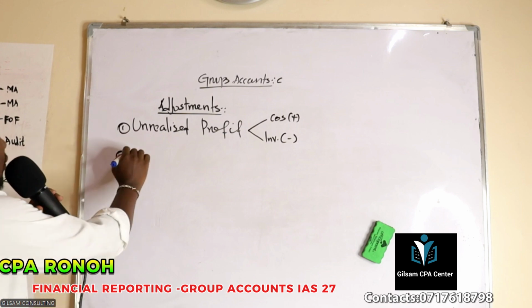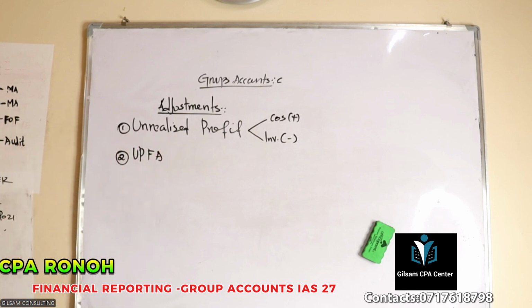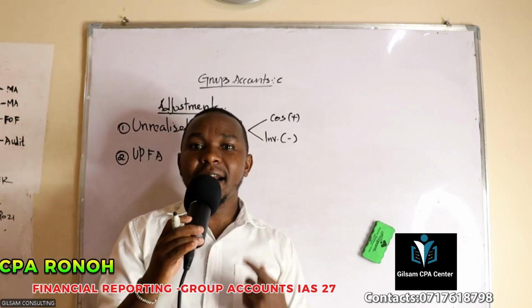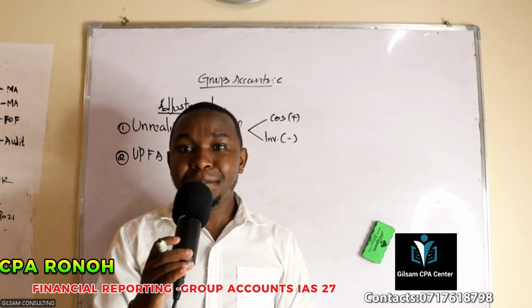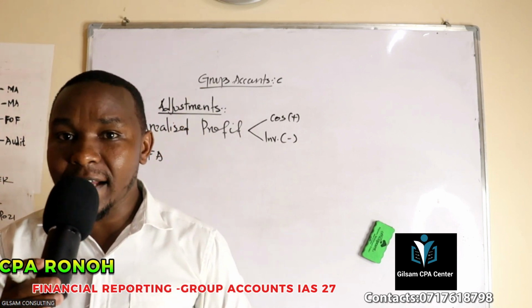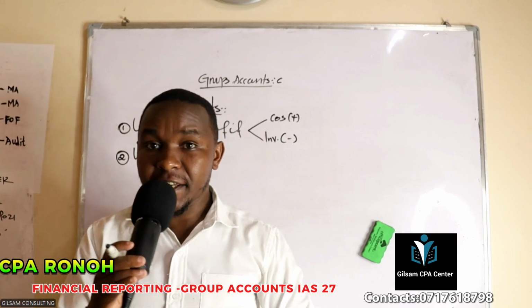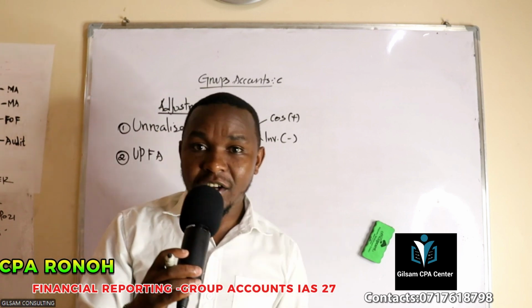And then number two is UPFA. What do we mean by this UPFA? This is unrealized profit on a fixed asset. The parent company sells a fixed asset to the subsidiary company at a given margin. Remember, there is no third party transaction here.